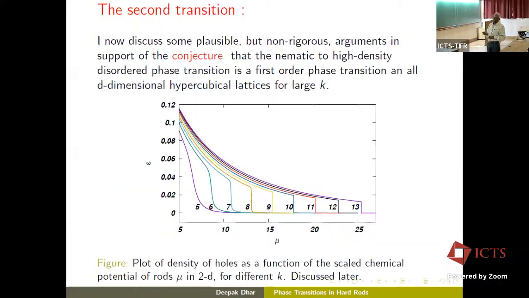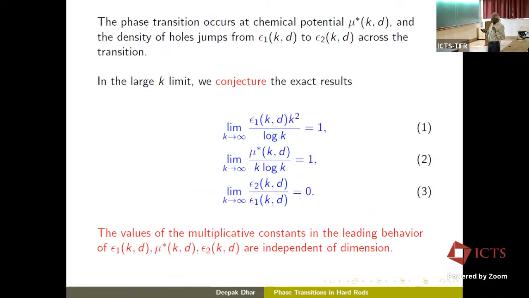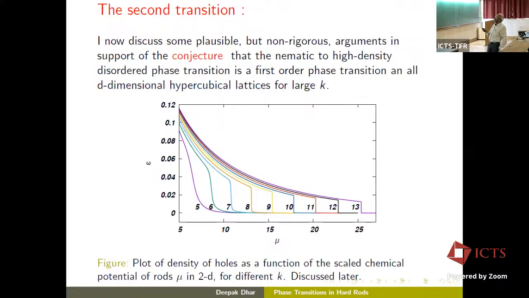Okay, so now I want to discuss the second transition. Again, there is a plausible non-rigorous argument. There is a conjecture which says the nematic to high density transition is a first order transition. This is the chemical potential mu, and this is the density of holes.